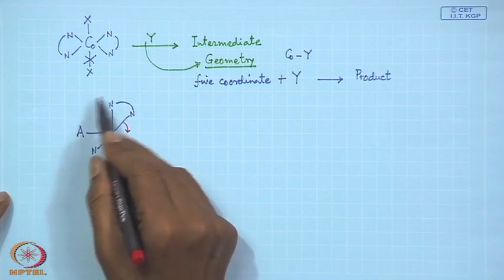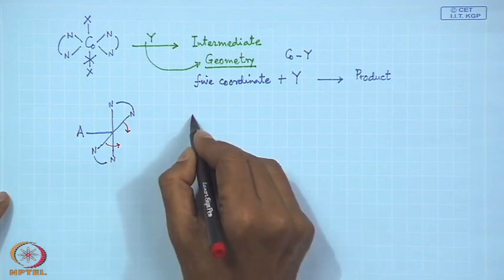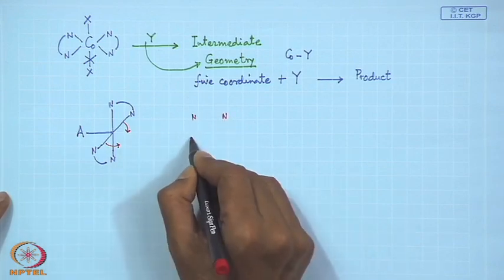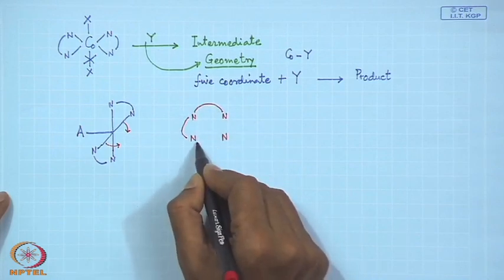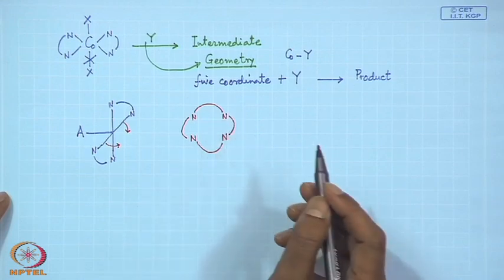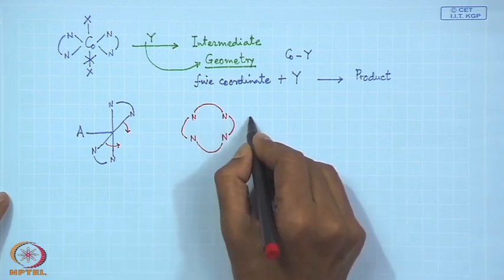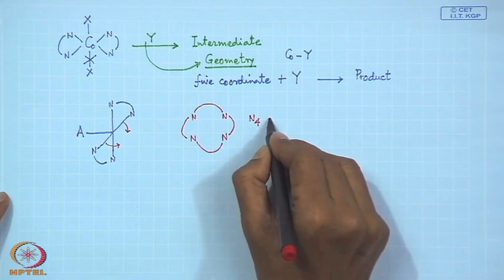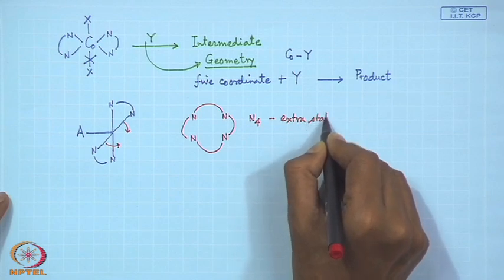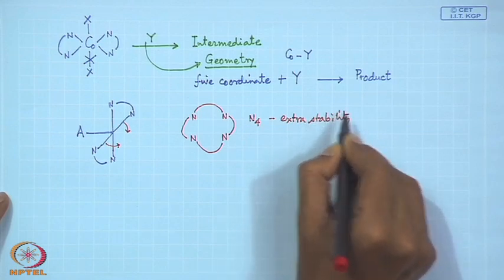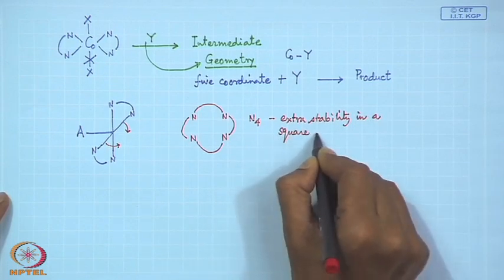This plane, if it is only a bis bidentate chelation, is not like our porphyrin or corrin type of macrocyclic coordination, where all the 4 nitrogens are attached and we have a macrocyclic environment. In that particular case, the N4 ligand has some extra stability in a square plane.